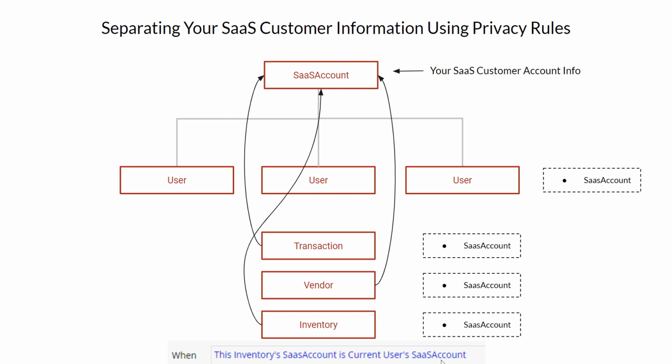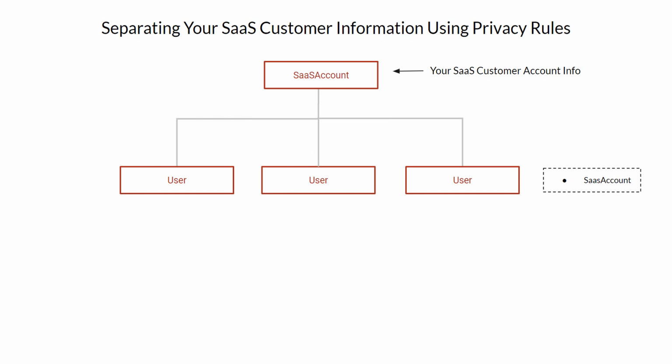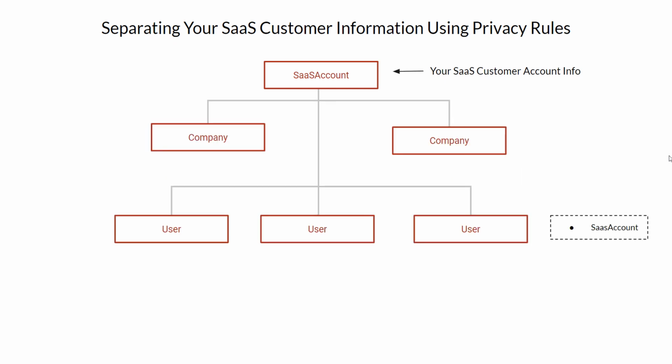Okay, so in this video we're going to be looking at how to move that sort of separation down a level into different companies. So we'll just go back to the beginning again. You've got the SaaS account, you've got multiple users, each one assigned to a SaaS account. And then we're going to introduce this element here, which is company. So we've got company A, company B, and they're hanging off the SaaS account.